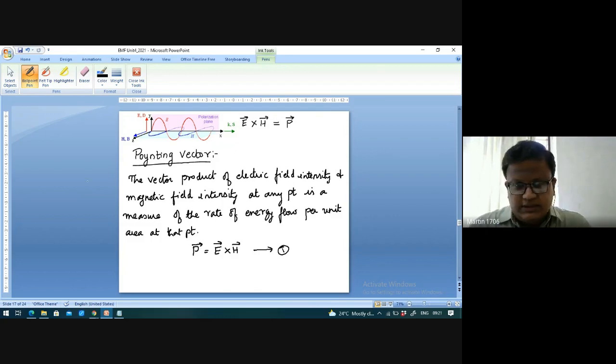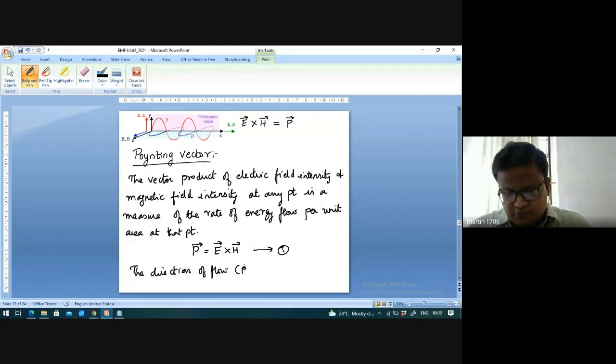It shows the direction of the flow: P is perpendicular to E and H. This is the basic concept from vector calculus. So I can write the statement. These statements are very important for your MCQ.